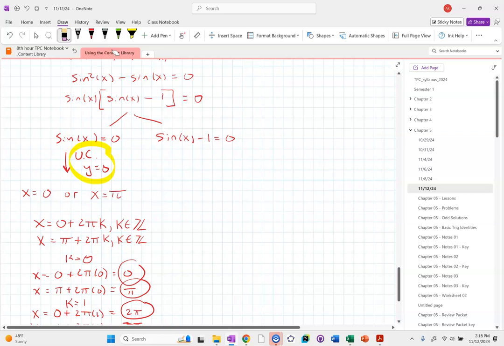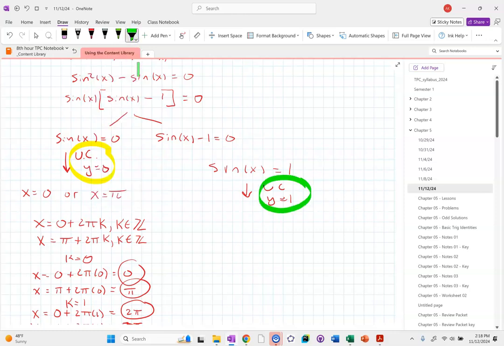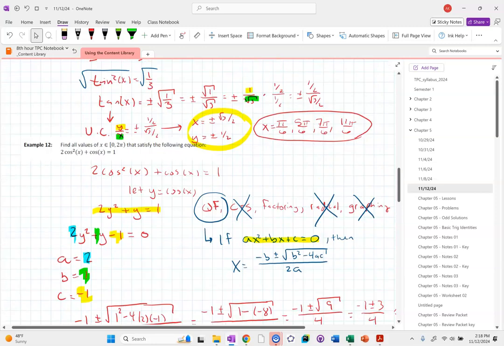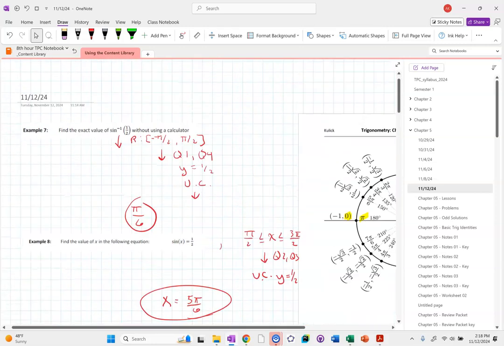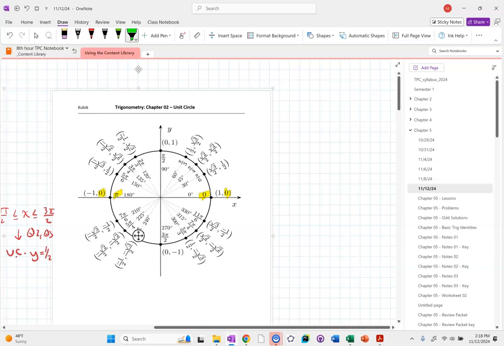But we're not done with this yet, unfortunately, because we still have another side or another half to do. So we'll add 1 to both sides. We'll go to the unit circle and look for where y is equal to 1. So looking for y's.